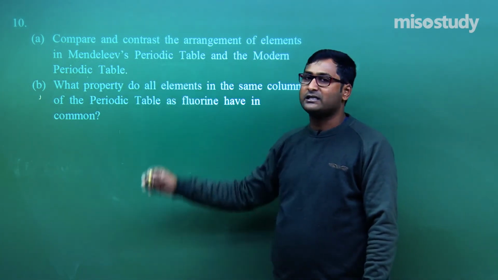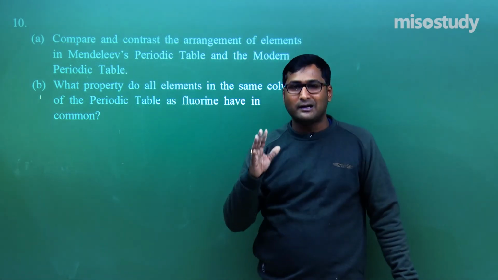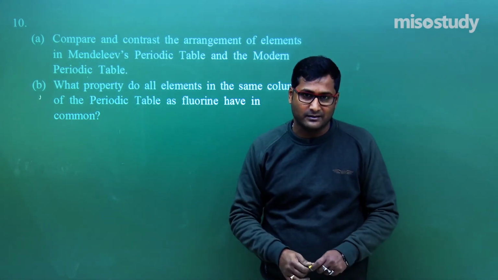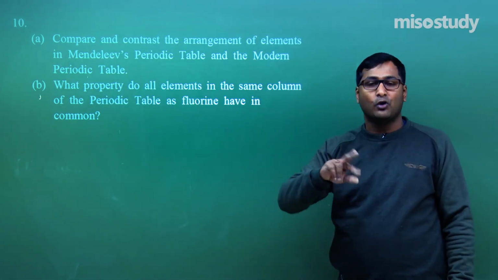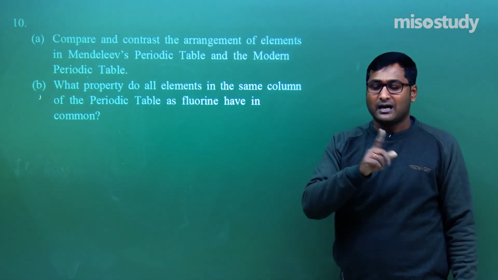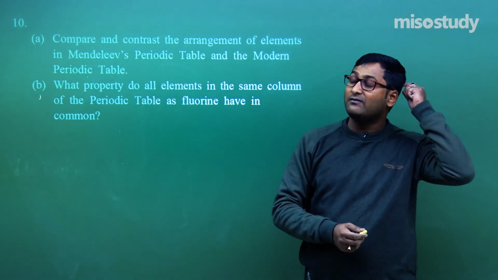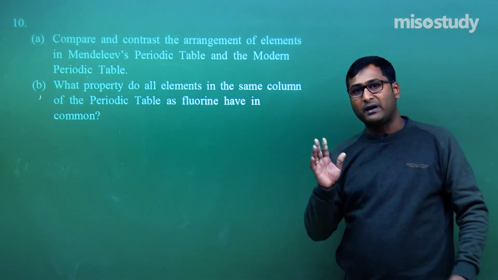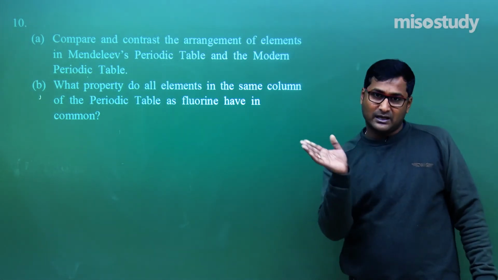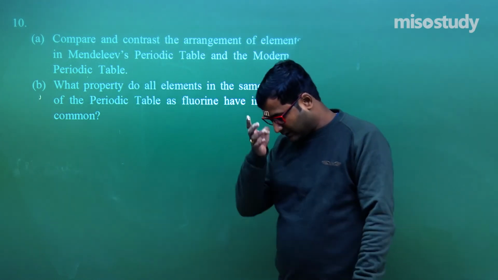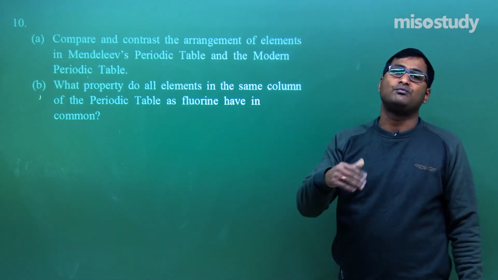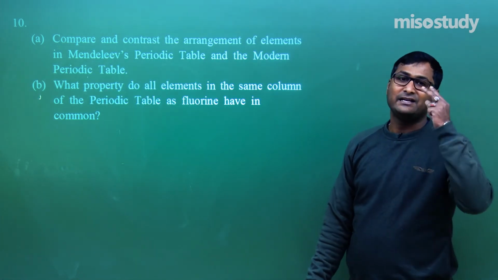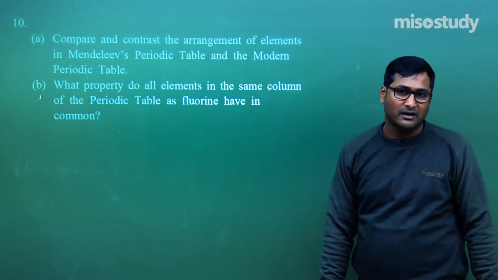In Mendeleev's periodic table, there are only 8 groups and 6 periods. The 8 groups were further divided in the modified Mendeleev table into subgroups like 1A, 1B, 2A, 2B, and group 8 was not divided. After the discovery of inert gases, group 0 was added. But in the modern periodic table, we know there are 18 groups and 7 periods, my friend.